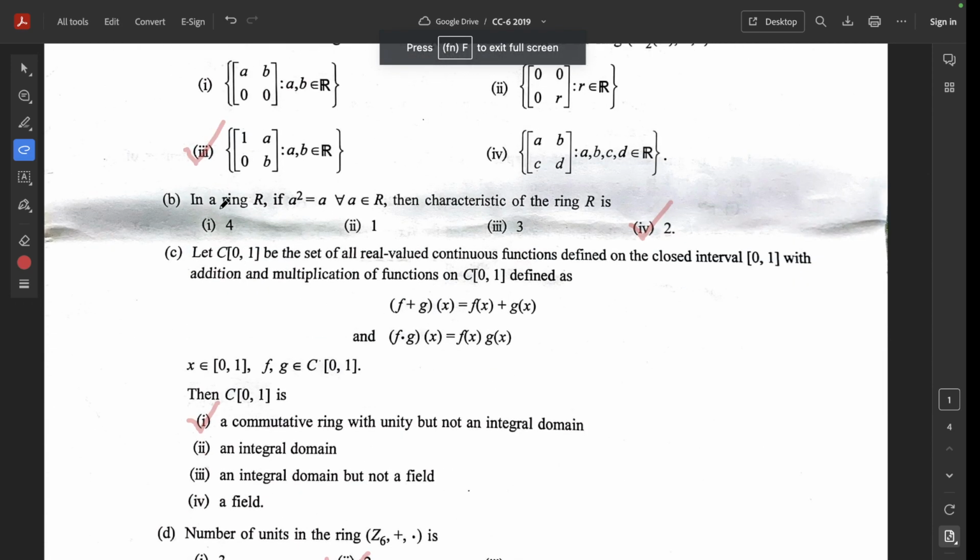Question 1b. In a ring R, if a square equals a for all a belonging to R, then the characteristic of the ring R is 2. Correct option is 4.